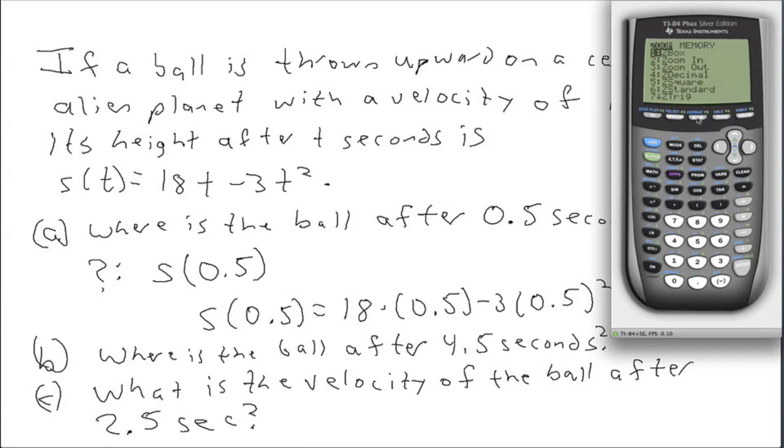So let me show you how to do that. We'll go to zoom, then out. Now I'm going to move my cursor here to tell the calculator where I want to zoom around. So I want this to be the center of my new graph. We'll see how that works. Now I hit enter. It knows I'm zooming because I came from the zoom menu.